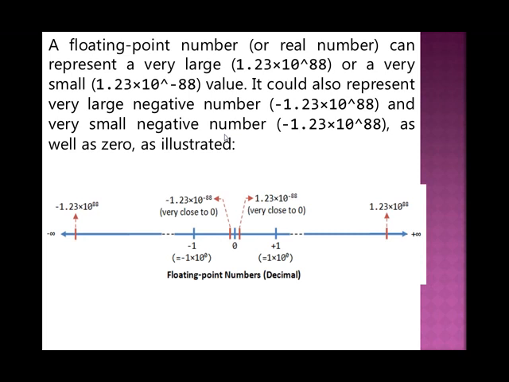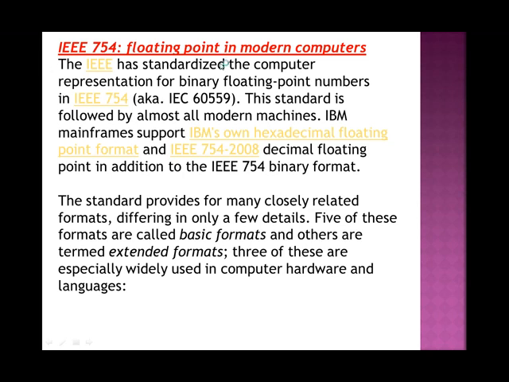Then we also talked about this figure. This is your large negative number or large positive number. Then we talked about a standard known as IEEE, Institute of Electrical and Electronics Engineers. IEEE is an organization that provides various standards.